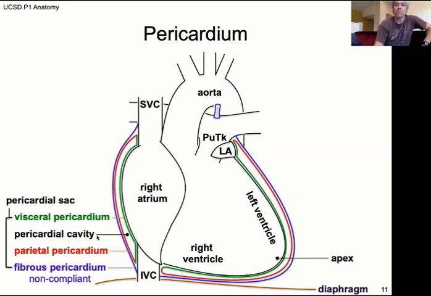In between the visceral and parietal layers of the pericardium is what is normally a small volume of space filled with pericardial fluid. There might be something like 20 to 50 milliliters of fluid normally in the pericardial cavity. There is the possibility, though, of an abnormal accumulation of fluid in that pericardial cavity. This could happen, for example, with pericarditis, which is inflammation of the pericardium.